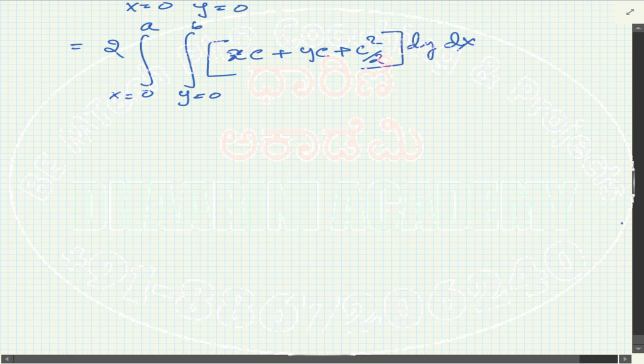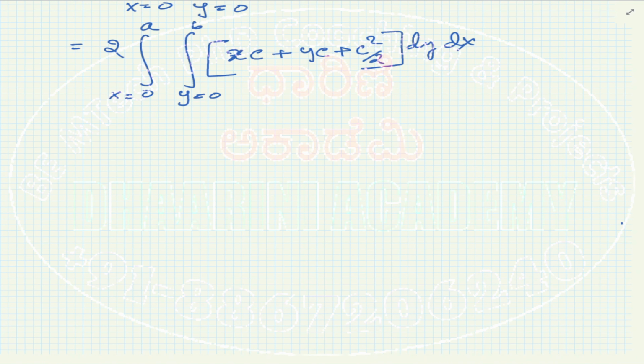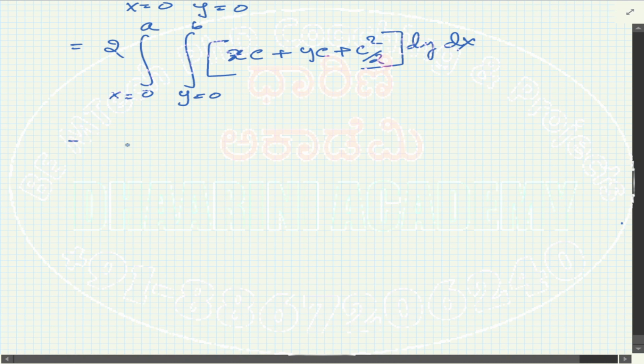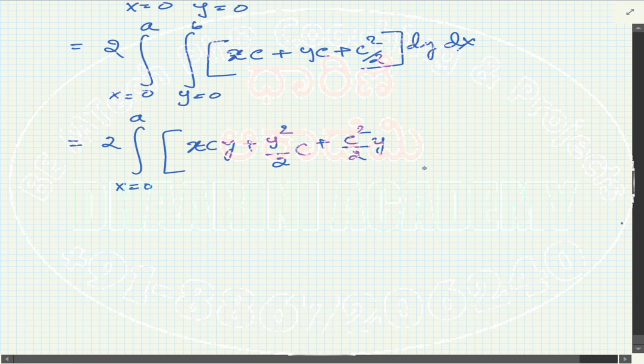Now I need to perform the integration with respect to y. So this is now equal to 2 times integral x is equal to 0 to a. Perform the integration. So this is xc into y plus y square by 2 into c plus c square by 2 into y varying from 0 to b dx.